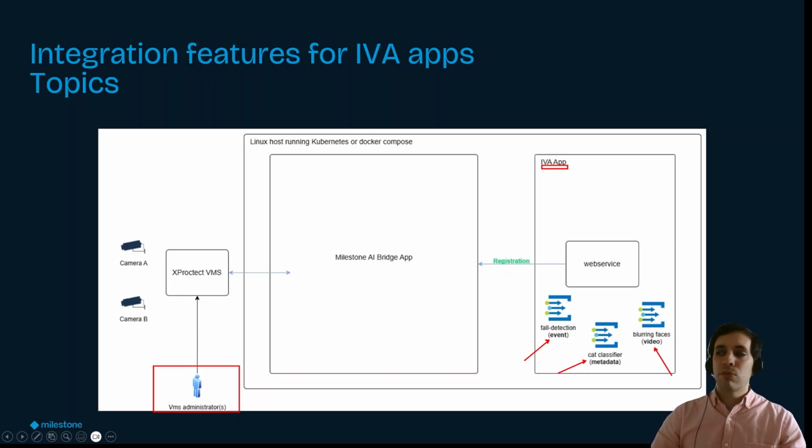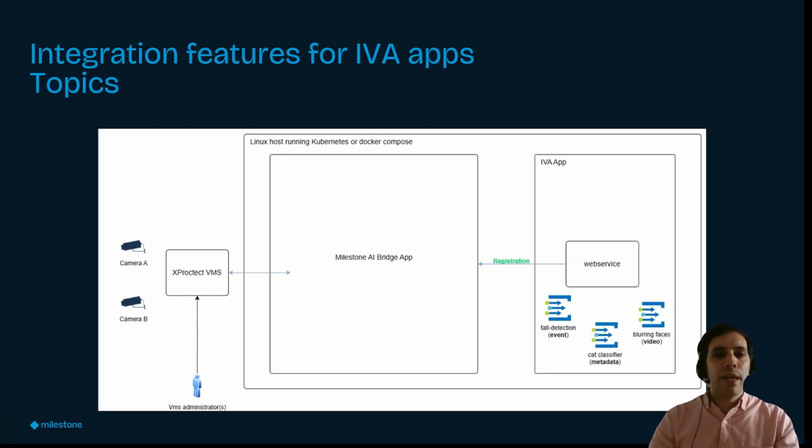There is no restriction around the amount of topics that an application can define, whether there are 10 event topics and 20 metadata topics and 1,000 video topics, there is no limit on that. And it will always be up to the VMS administrator to define on which cameras and which topics are allowed in the VMS.